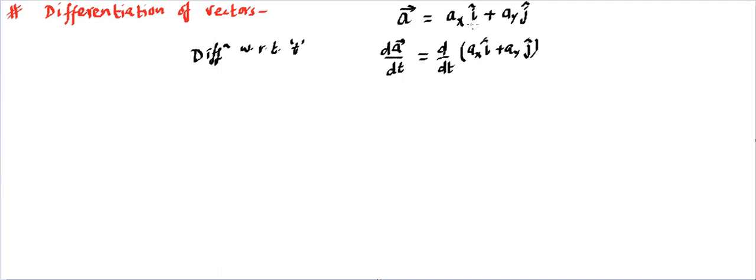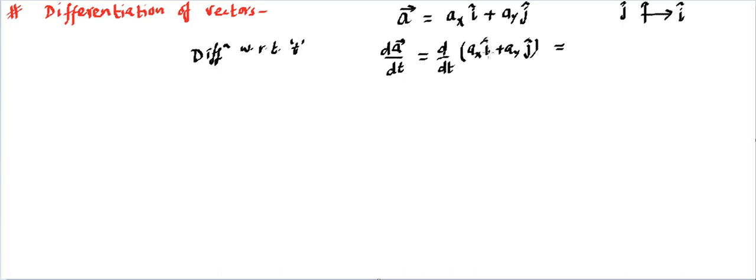Now generally you will get i cap and j cap in the basic case. When you expand this, you'll find that this i cap is going to be a constant direction. Mind it, i cap and j cap are fixed directions. i cap means x direction which is fixed, j cap means y direction which is fixed. That means i cap and j cap are not varying with respect to t, the variable that we have introduced. We are intending to say that t is time. So with respect to time, i cap and j cap are normally not changing. So they are not changing, right?